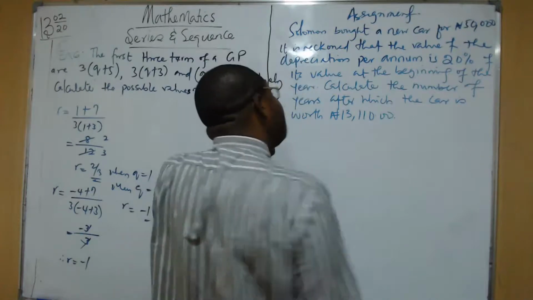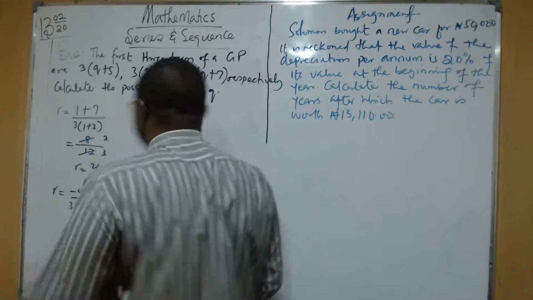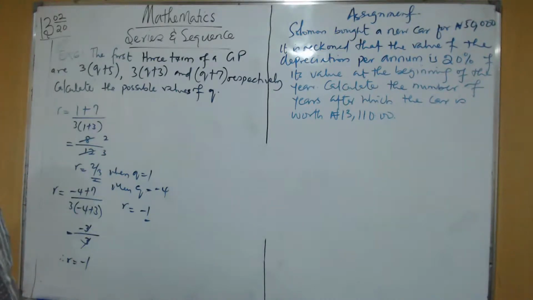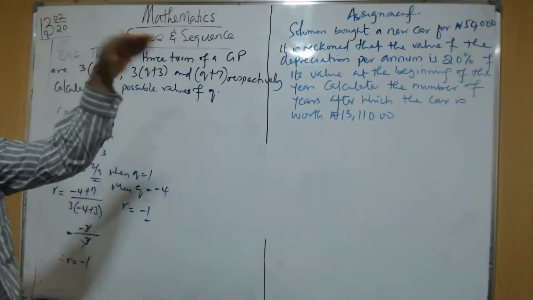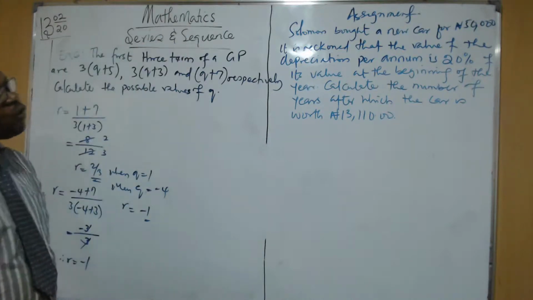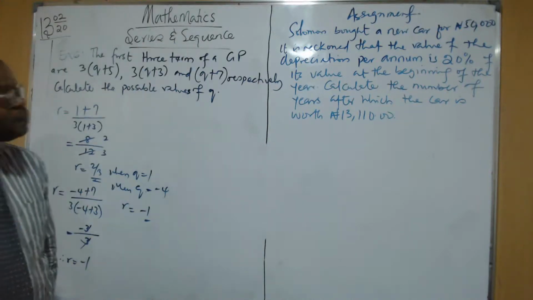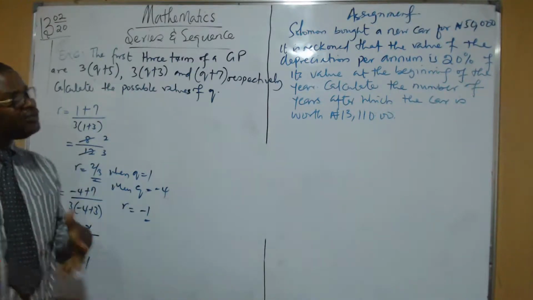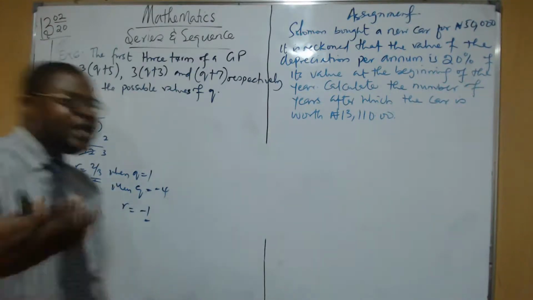So what we need to do in this case, they said when Solomon bought the car, it was 50,000 naira. Then with depreciation, the car begins to lose its value every year.